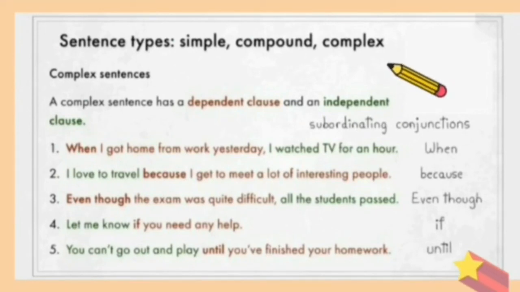So the beginning of the sentence is with a conjunction, making it a complex sentence. I love to travel because I get to meet a lot of interesting people. So again, we are using the subordinating conjunction in between the two clauses. Again, the subordinating conjunction in sentence number 3 falls at the beginning of the sentence. Even though the exam was quite difficult, all the students passed.